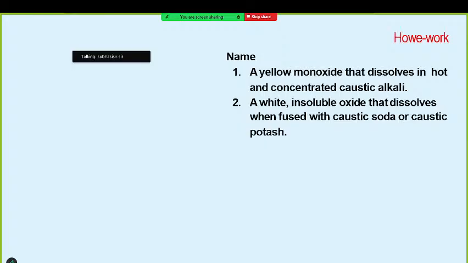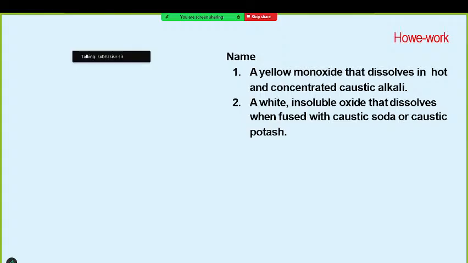What is the name of this yellow monoxide? And second, the white insoluble oxide that dissolves when fused with caustic soda or caustic potash. So in the next class, we will discuss the names of these two compounds.